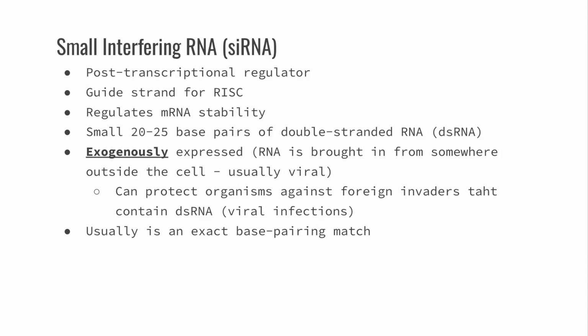Key difference from miRNA is that it can protect organisms against foreign invaders that contain dsRNA or viral infections, because they can recognize those sequences. And also different from miRNA, it's usually an exact base pairing match. So remember, for miRNA, it's usually not the same.